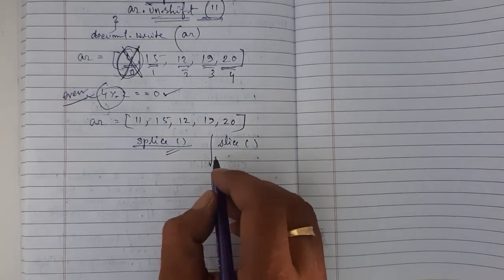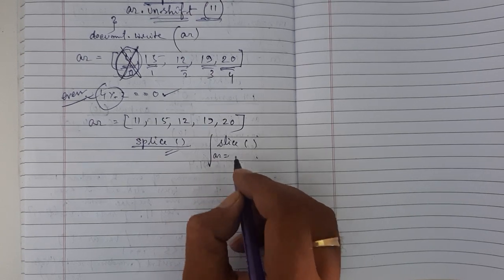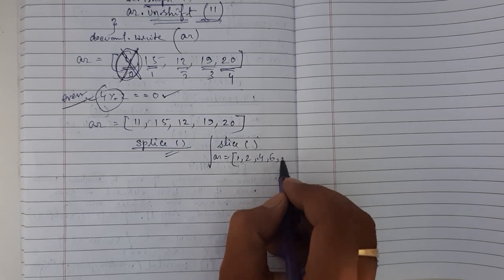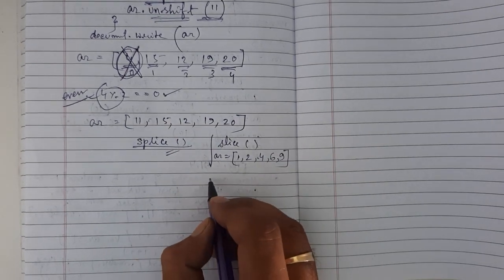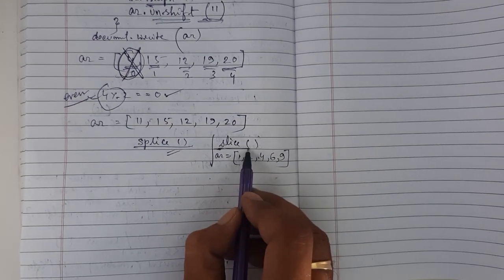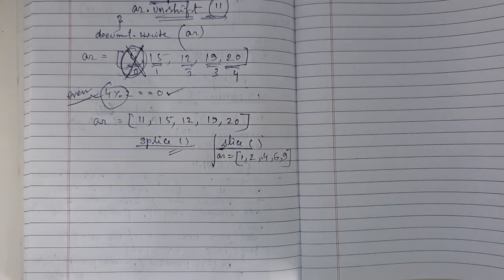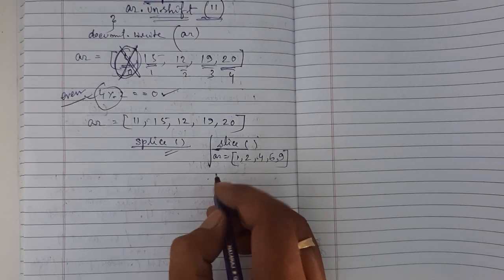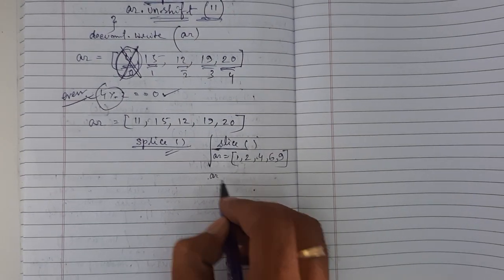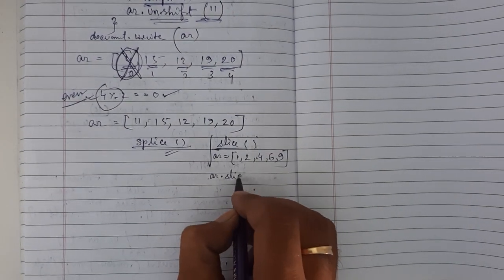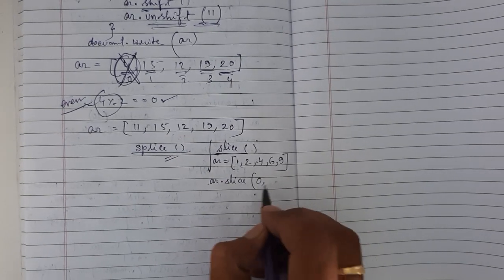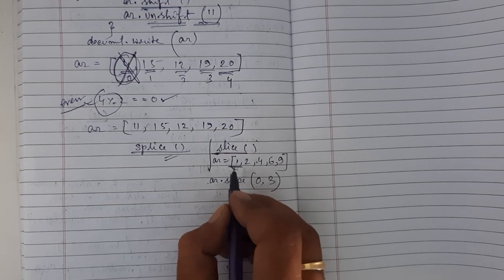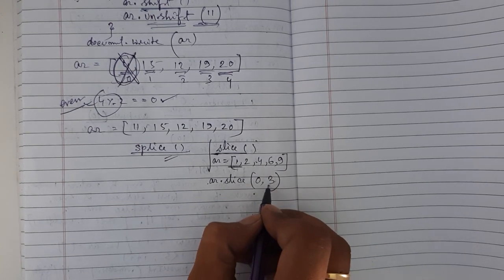So what is the slice method? Basically, suppose we have one array, within the array you have 1, 2, 4, 6, 9, these 5 elements. Slice is used to extract a sub array. So how will it work? If we write AR dot slice, within brackets, if we write 0, 3, it will extract the sub array from the 0th position to 3 minus 1, that is position 2.